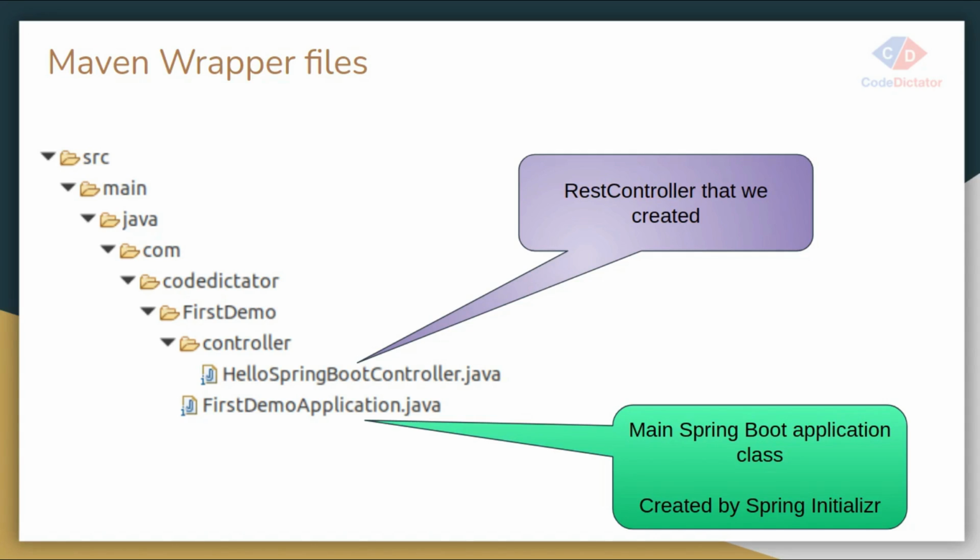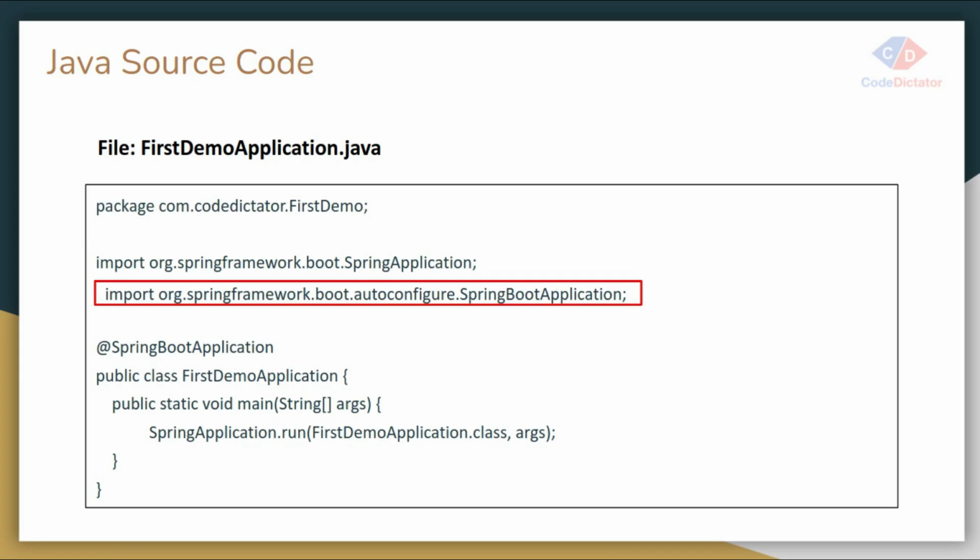So let's go through the file FirstDemoApplication.java. This is the source code we are going to write in that application file. If you see, this is a simple main method, but it is not really a simple main method. There we have some magic.